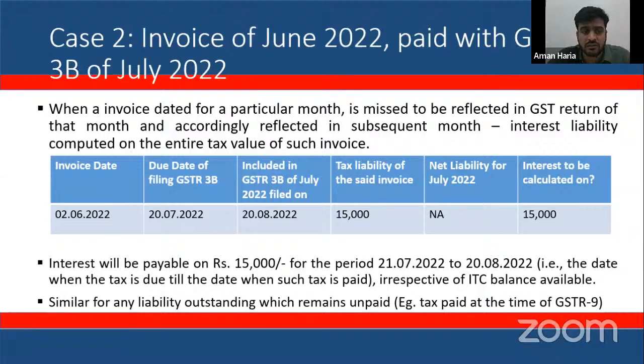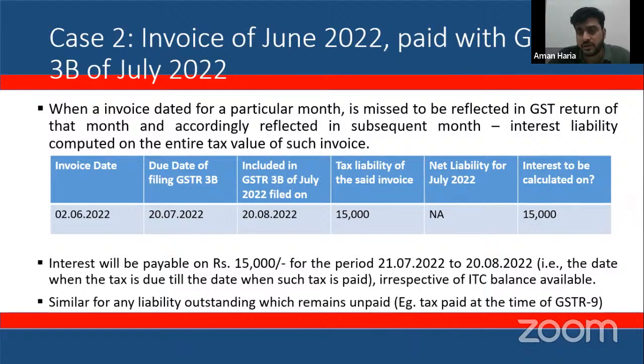The due date of filing for the June month's invoices was 20th of July. However, you forgot it in that specific return. You actually filed this along with GSTR 3B of July on 20th of August. The tax value of that invoice was 15,000.